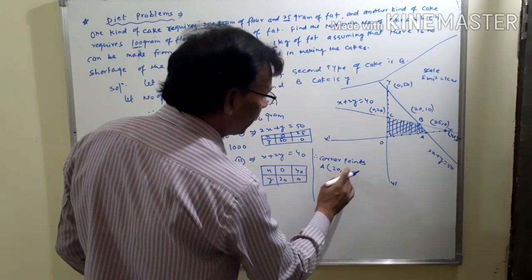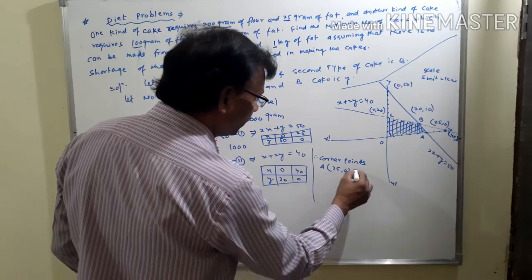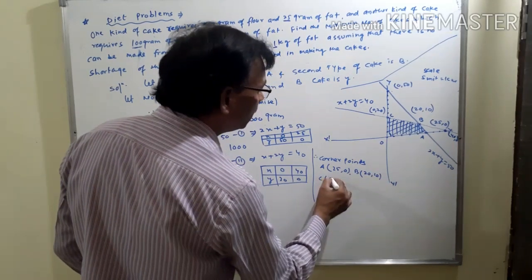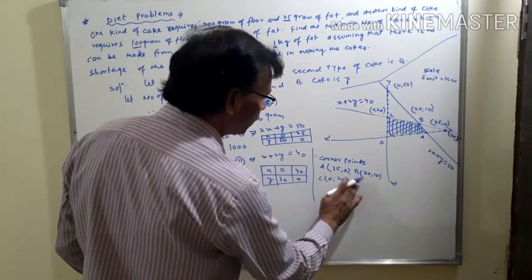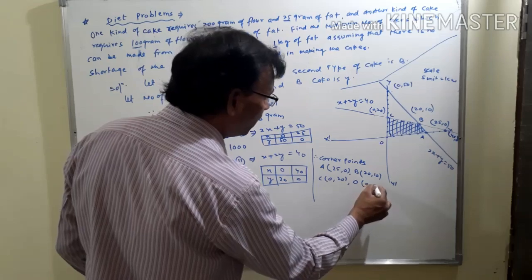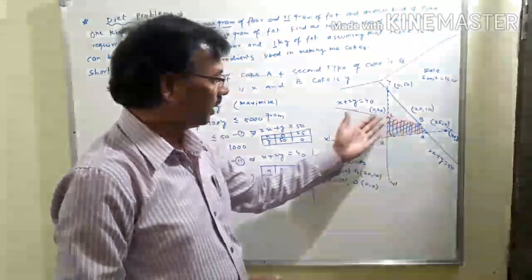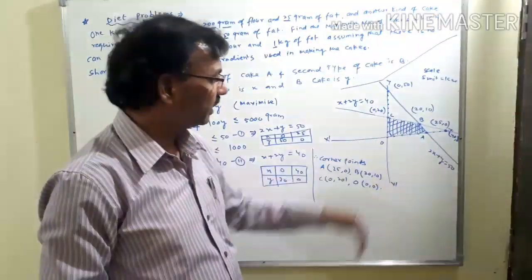This is (25, 0). B is (20, 10). C is (0, 20), and O is (0, 0). These four points are the corner points of this bounded area, that means the feasible region.